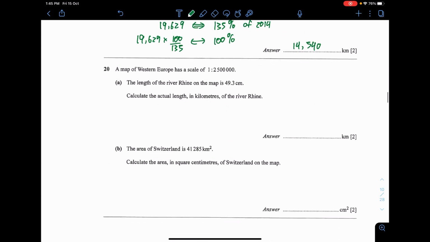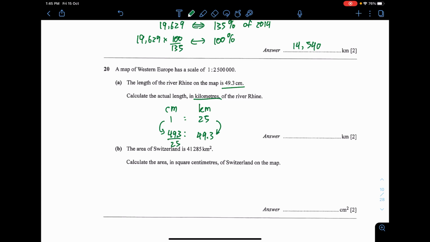A map of Western Europe is shown, the length of the river is given, find the actual length. So you just need to make this into the correct unit. They are looking for kilometers, 1 cm here. I make this into kilometers, divided by 100,000. Then I need this to be 49.3. I do the same, multiply 1 by 49.3 over 25.